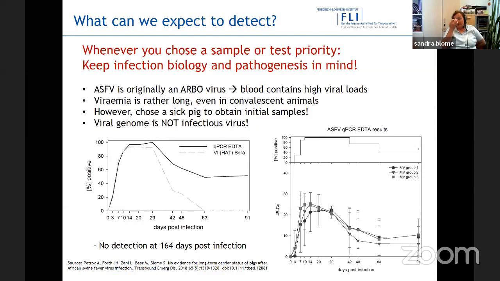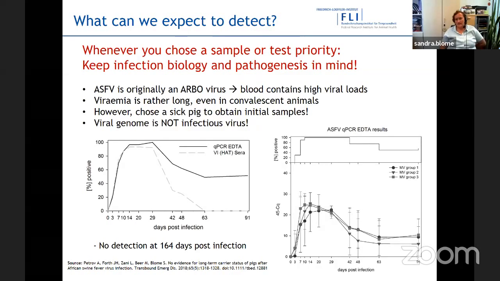You also should keep in mind that ASF is originally an arbovirus. So if you want to detect the virus, blood contains the highest viral loads, and 1 drop of blood is much more infectious than loads of secretions. Viremia is rather long, even in the convalescent animals, and a lot of discussions about carriers and so on is rather a semantic issue.